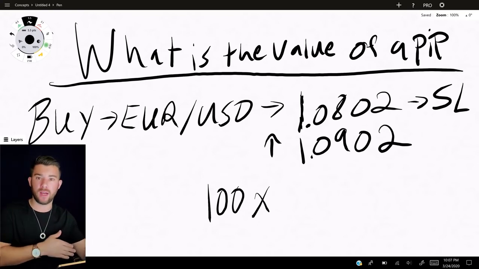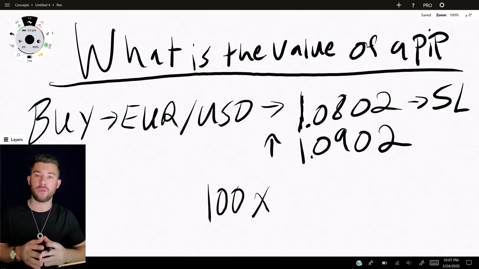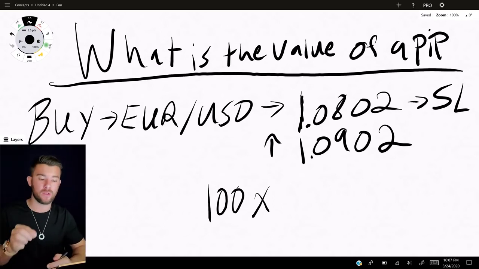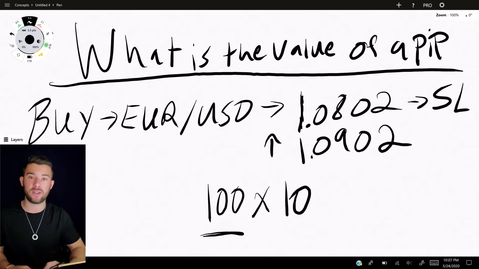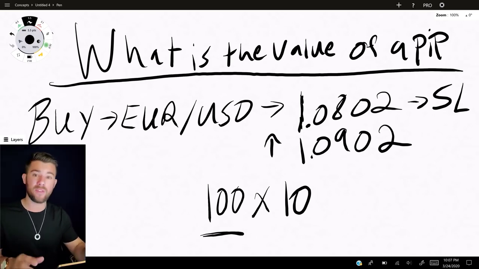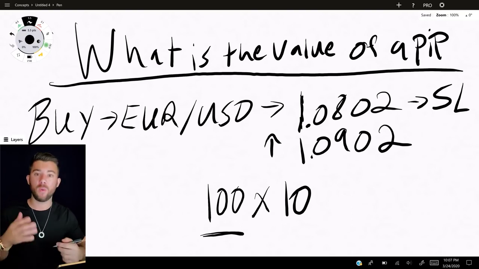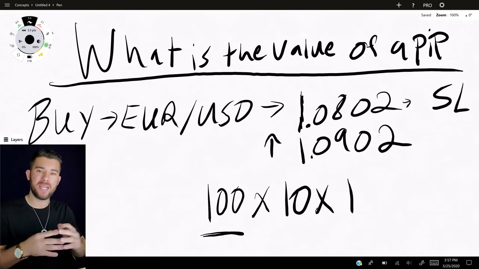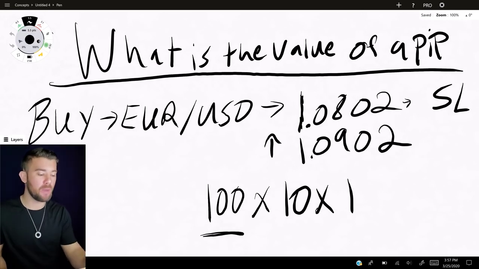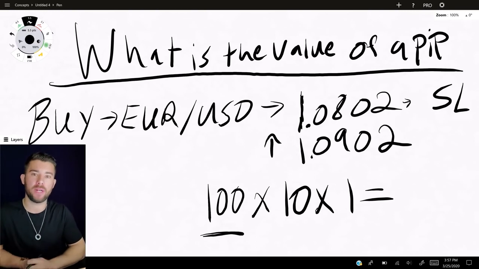If we used a standard lot of 100,000 units, and we know that a standard lot on the euro dollar is equal to $10 per pip, then we would have our amount of pips times $10 per pip, and we have to multiply by the amount of standard lots. In this case, we just traded one standard lot. So how much money did we make on this 100 pip move on the euro dollar?